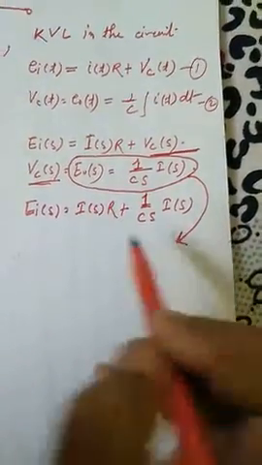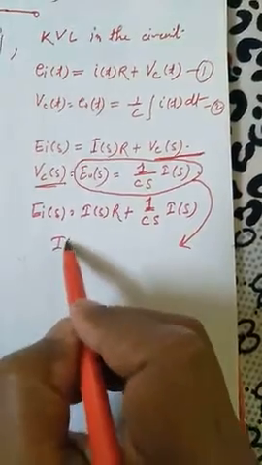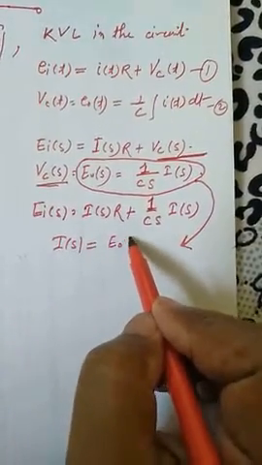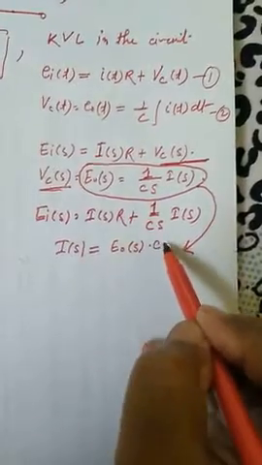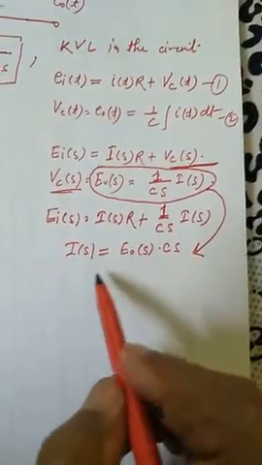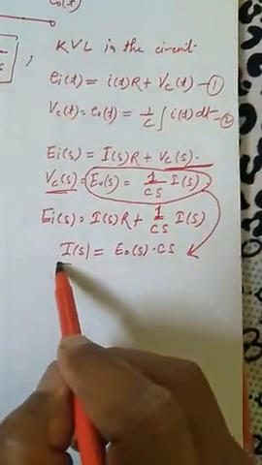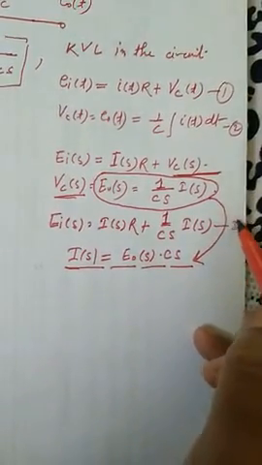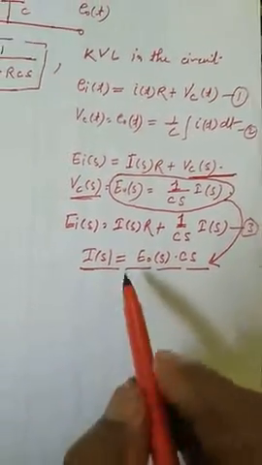From this relation we can determine the value of current in the Laplace domain, that is E0(s) into Cs. Now replace this value of current in this third equation.